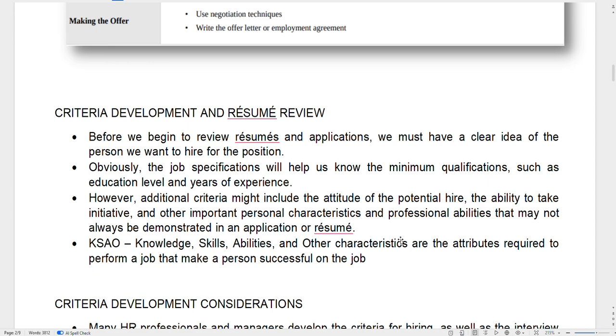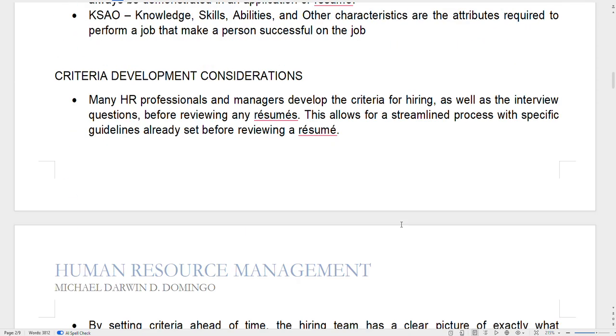So yung KSAO na binanggit ko kanina, that is knowledge, skills, abilities, and other characteristics, or attributes required to perform a job. Now, in the criteria development, the following should be considered. HR professionals and managers develop criteria for hiring as well as interview questions before reviewing any resume. So ano daw dapat? Una, develop a criteria for hiring. Pangalawa, yung interview questions should also be set before you review any resume. Why? Again, it will affect your decision.